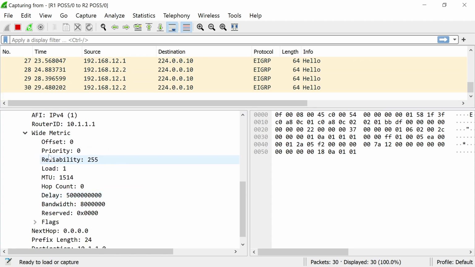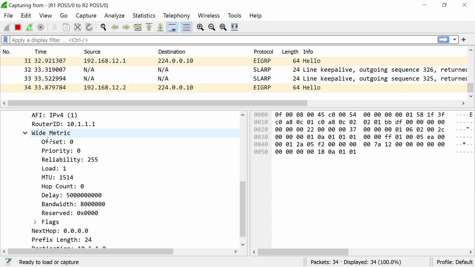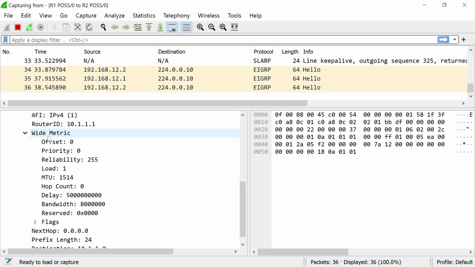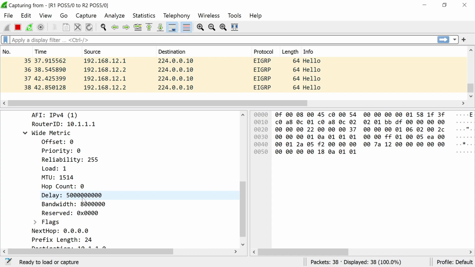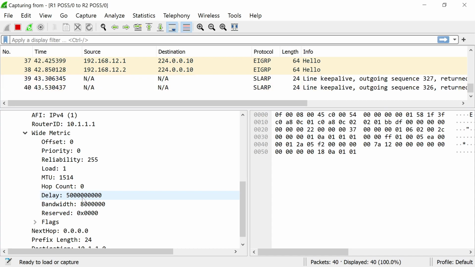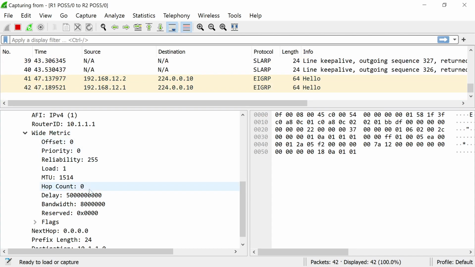We can see that the updates between routers using IOS 15 are sending wide metrics. Notice the delay is in picoseconds. So regardless of what you are configuring on the router, they will always use the wide metric.